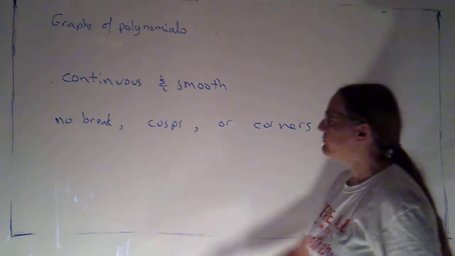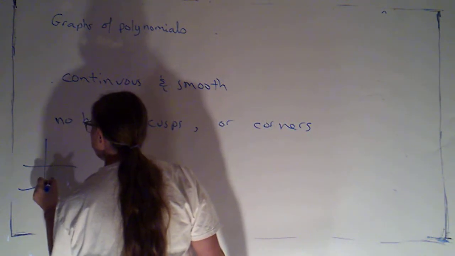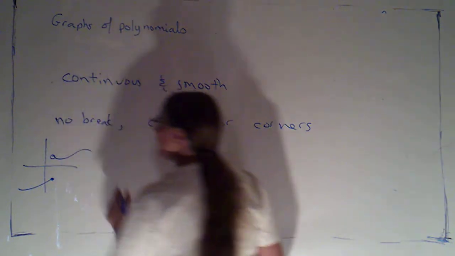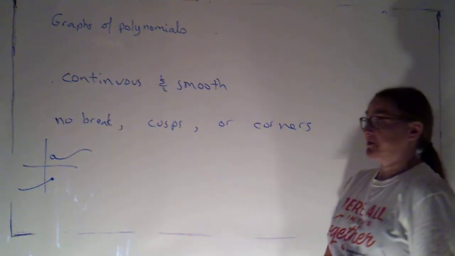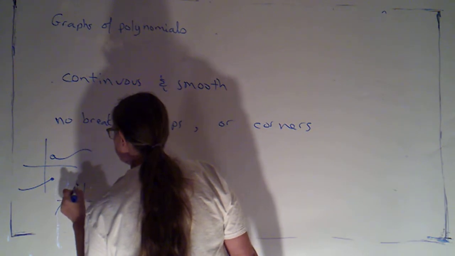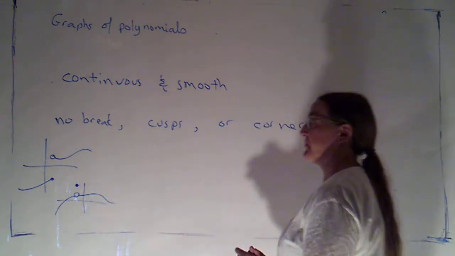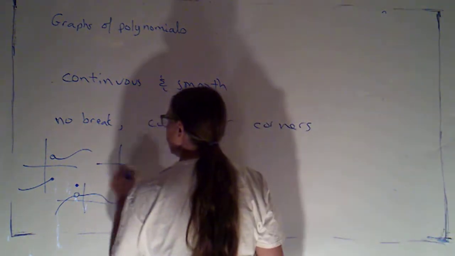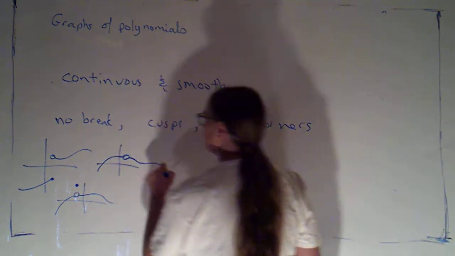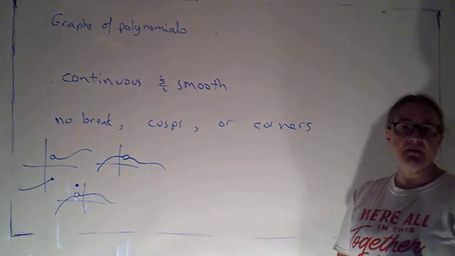Now, a break might be something like so, where my function jumps. Or it could be something like so, where, oh, there's a big surprise there. Or it could be something like so, where there's just a gap. There isn't a point anywhere else. None of that is possible.